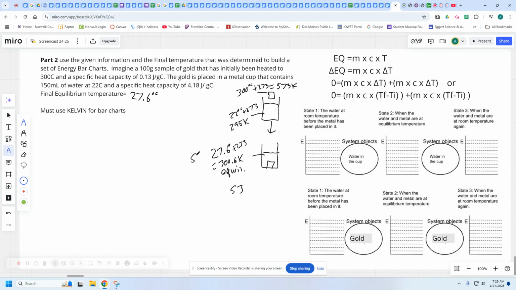This is state 2 information, and this is state 1 information up there. So 22 degrees Celsius, again, we've already done this in the previous problem up above when the water was at room temp, but we'll just do it again to show you. So the gold and the water are at 22 degrees in the third state. So 22 plus 273 should be 295 Kelvin.